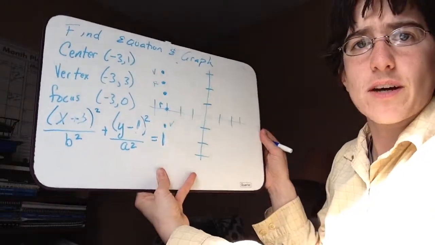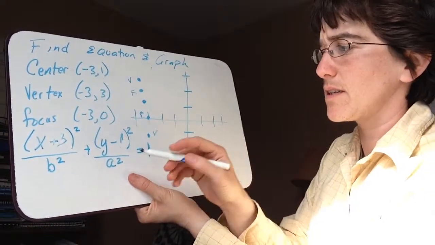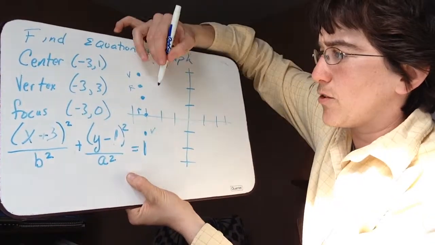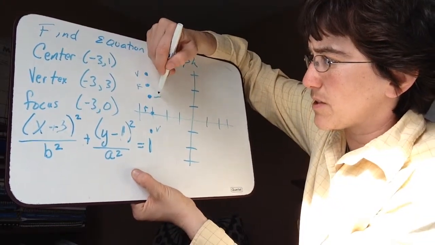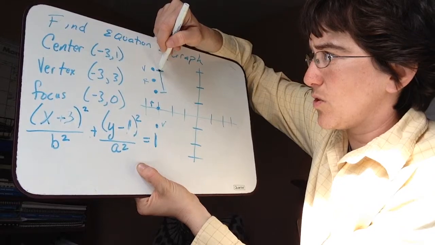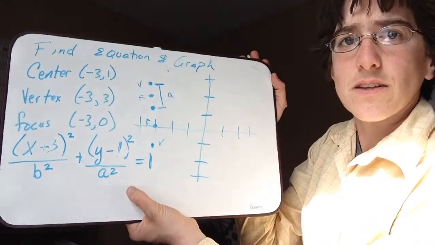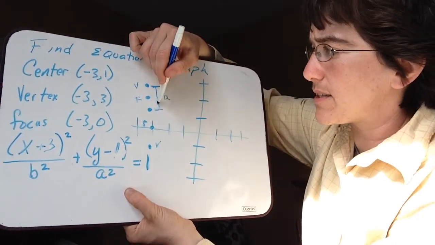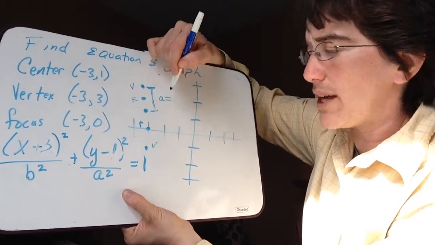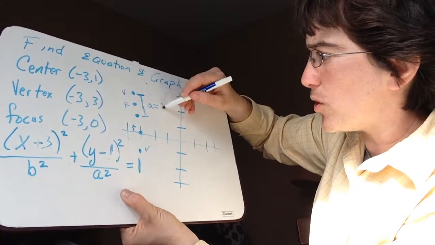So I've got that portion fixed. Now, a, if you remember, is the distance from the center to the vertices. On this particular problem, that's a distance of 2. a is equal to 2.